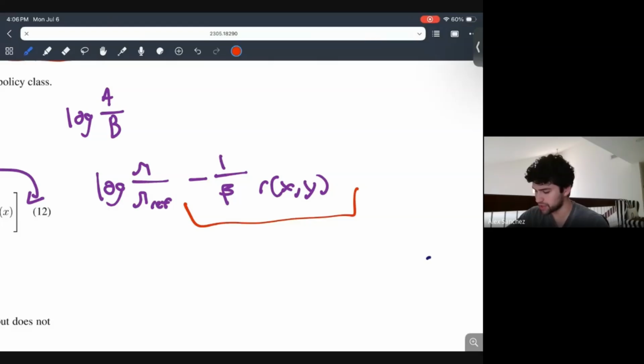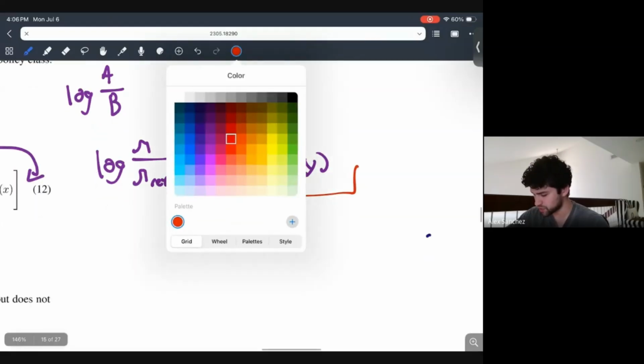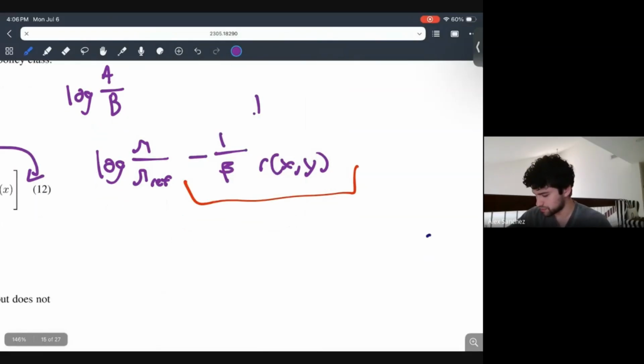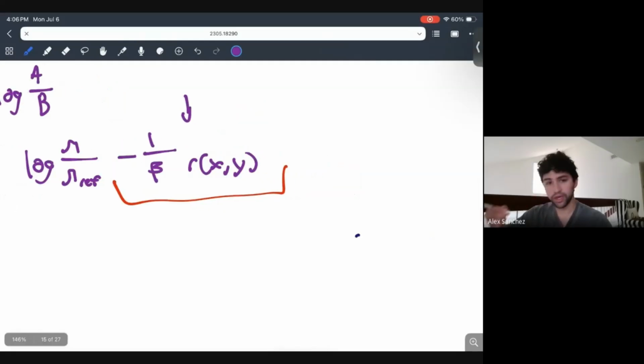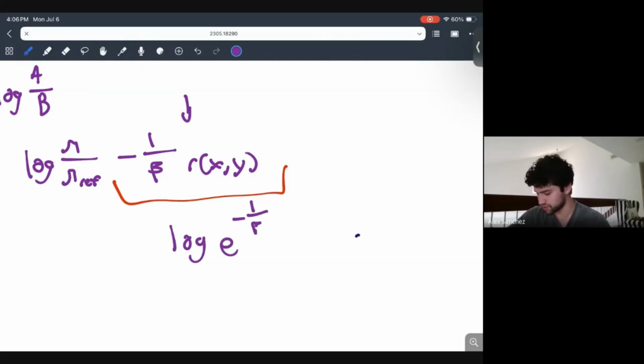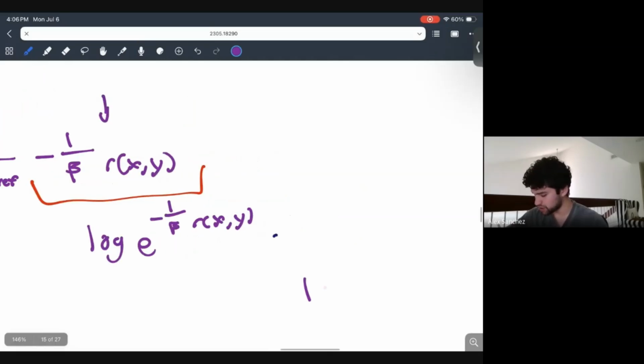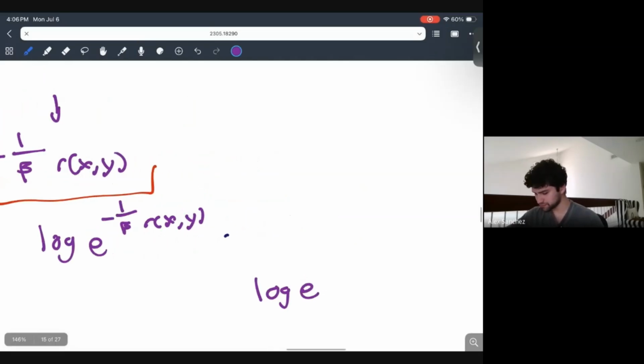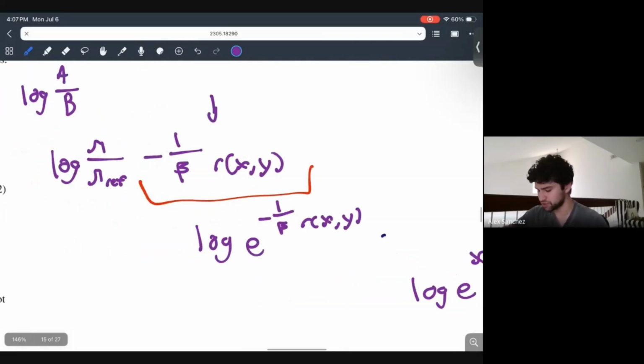So the way that we fit this to work is we set this equal to, and it factually is equal to, the logarithm of Euler's number to whatever number this is, right? Because we know that the log of e to x is equal to just x. That's basically what we do here.